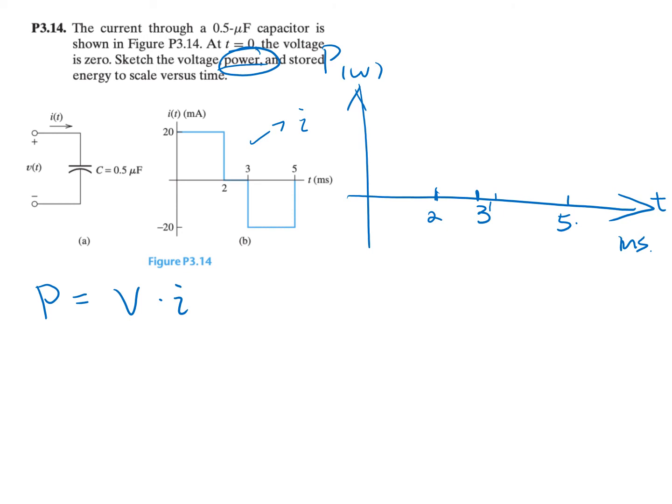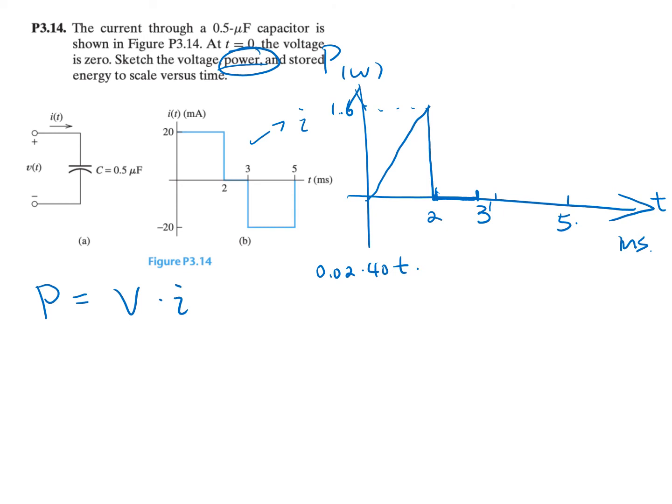Okay, so the first stage is 40t, and at t equal to 2 seconds, it is 1.61. And between 2 and 3, because the current is 0, the power is equal to 0.